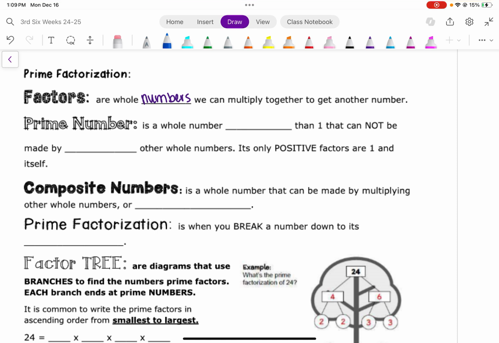Hold on one second. I want to make sure I write down the correct definition, and I have the page right here.